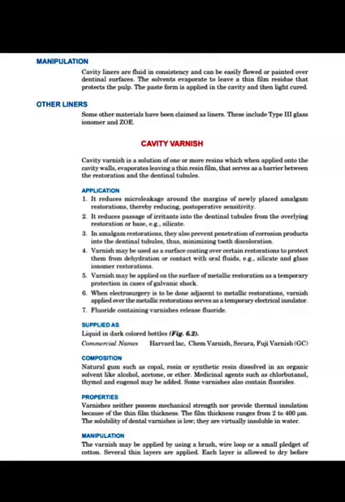It consists of natural gum such as copal, rosin or synthetic resin dissolved in organic solvents such as alcohol, acetone or ether. So remember that cavity varnishes are the solution of one or more resins dissolved in organic solvent.